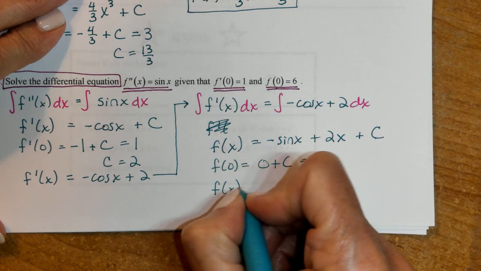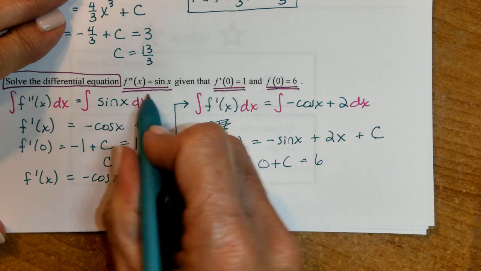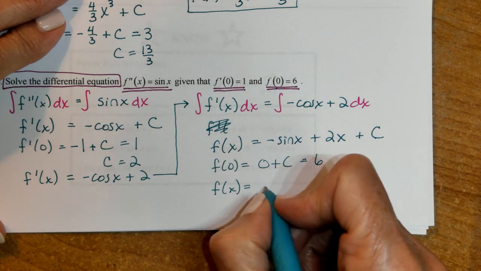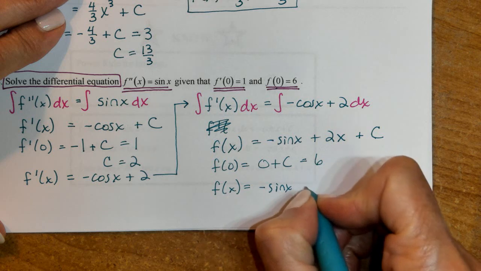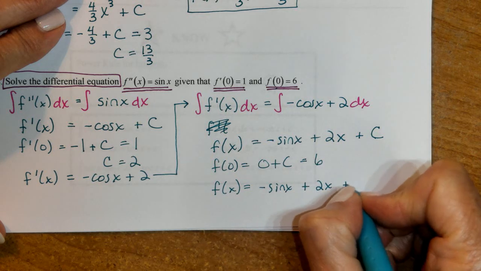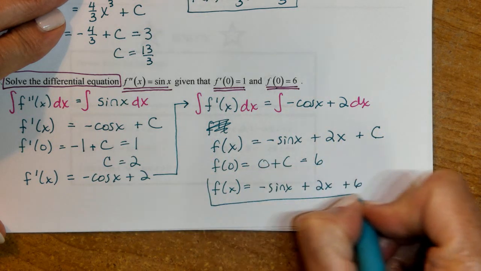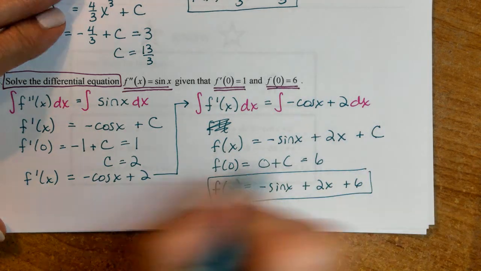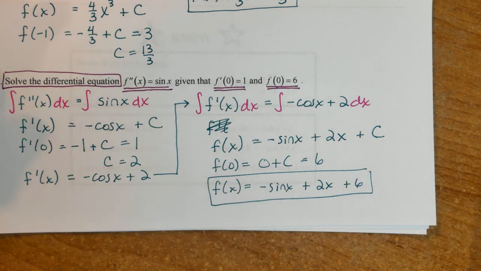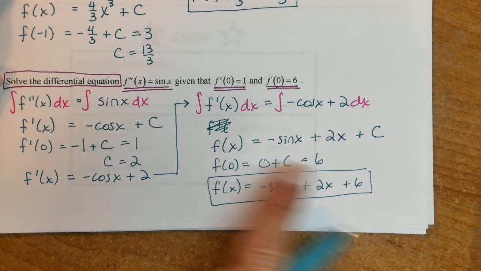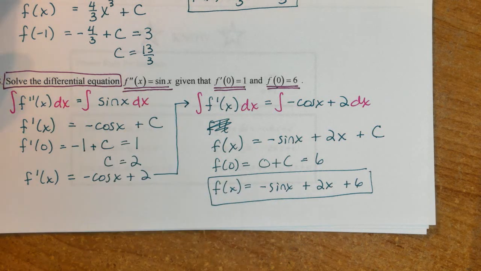So our function that satisfies all of these things is negative sine x plus 2x plus 6. That's our final answer. And we could go ahead and take the derivative and the second derivative and see if we do get back a positive sine of x, and we would.